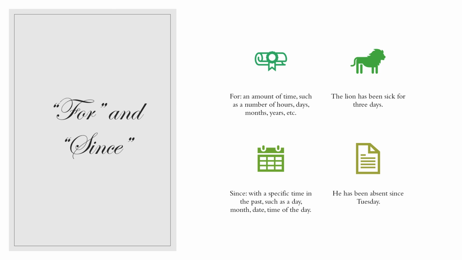Look, if I want to say the number of hours, days, months, or years, numbers, I use for. But if I want to mention the starting point in time, I'm going to use since. Tuesday is a point in time. Summer is a point in time. April or any month is a point in time.